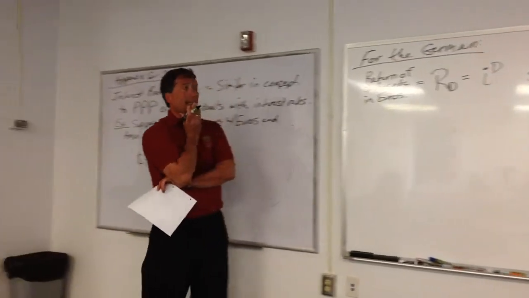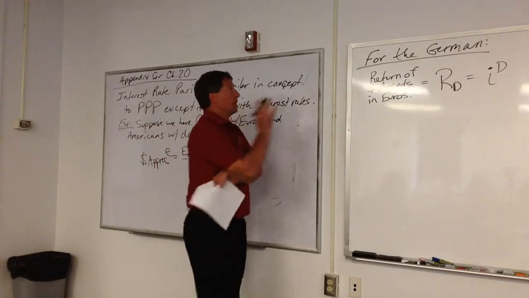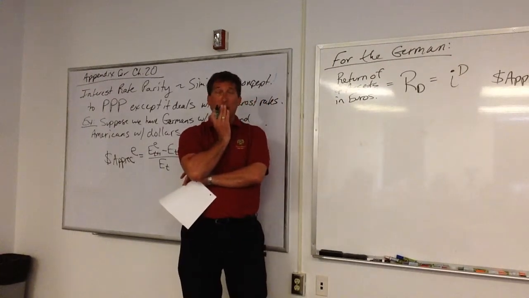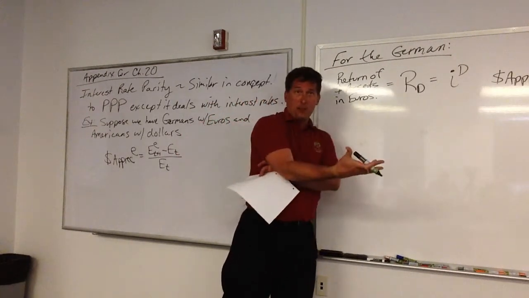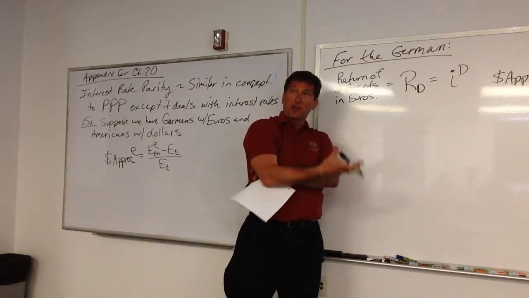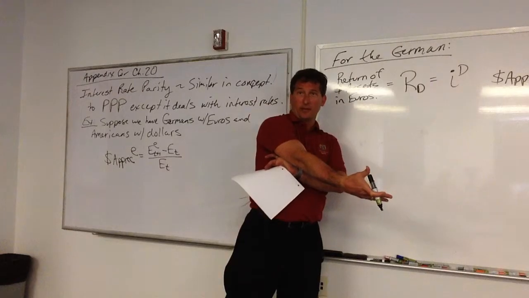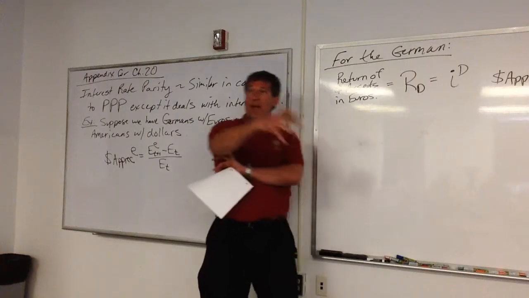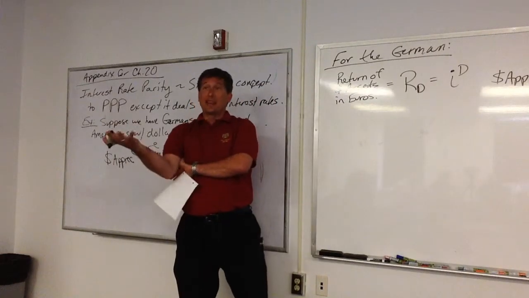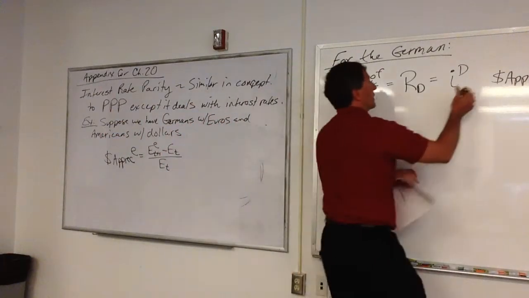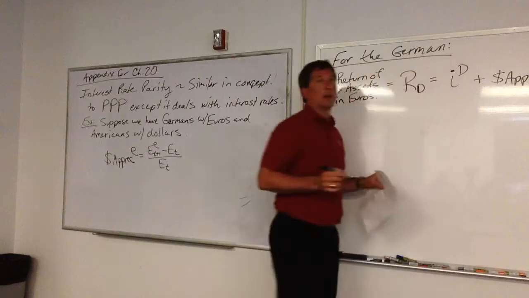Are we adding it or subtracting it if we're the German? We're adding it, right? So if the dollar goes up while I own a dollar denominated asset, when I go to sell it in t plus 1, I'm going to convert it back to euros, and I'm going to be ahead of the game because the dollar appreciated against the euro. So we're going to add dollar appreciation.